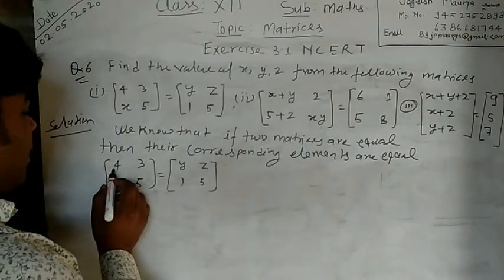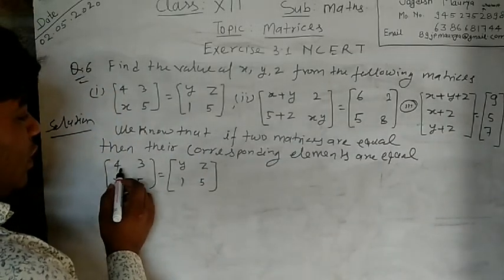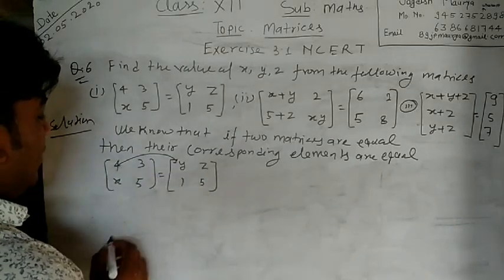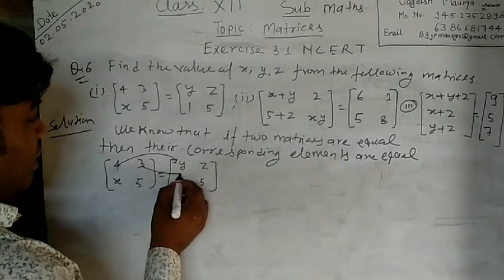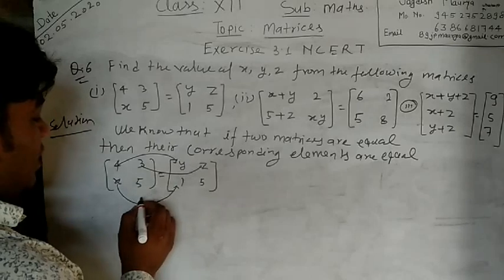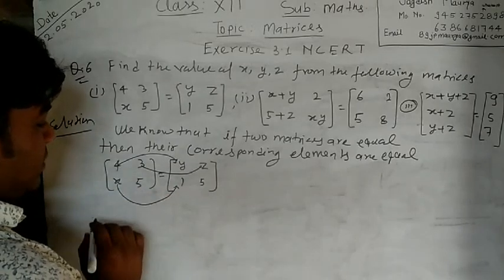Corresponding elements: here A11 is 4, here B11 is y, so 4 equal to y, 3 equal to z and x equal to 1. Here 5 equal to 5 given.